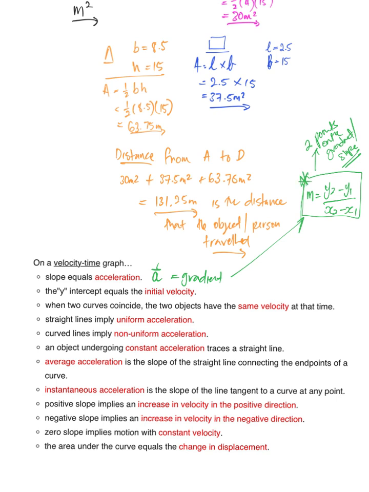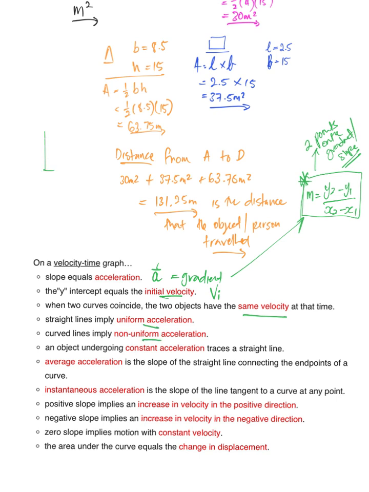The y-intercept equals initial velocity. We call this v subscript i, which means v initial or initial velocity. When the two curves coincide, the two objects have the same velocity. We spoke about that in the previous one. Straight lines mean uniform acceleration; curved lines, non-uniform.